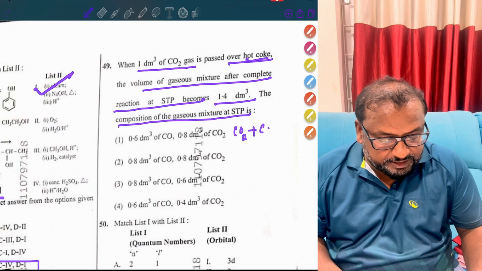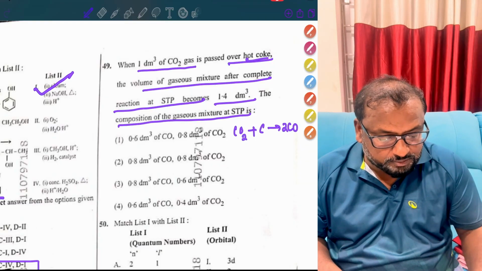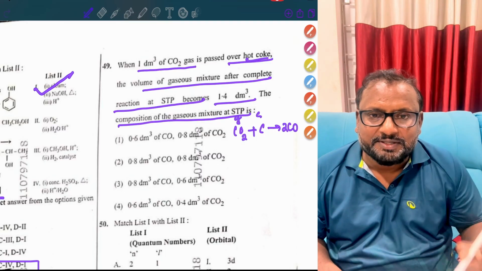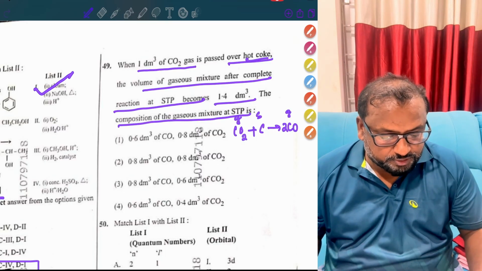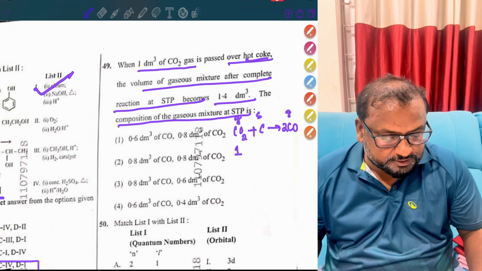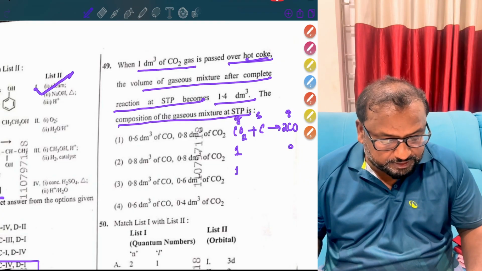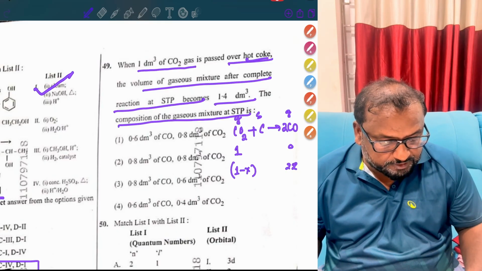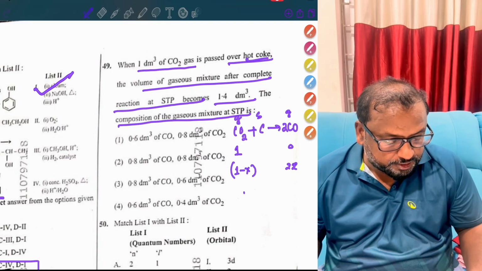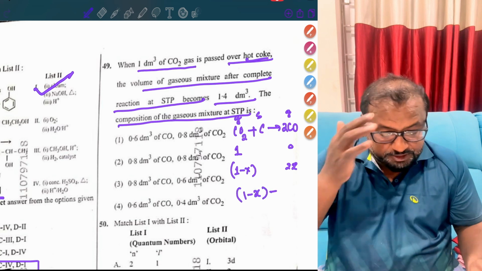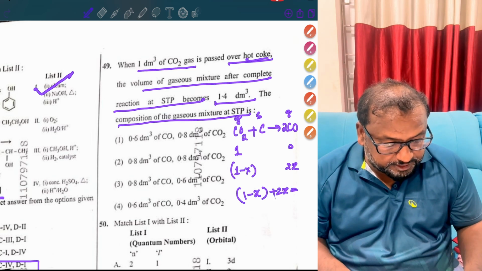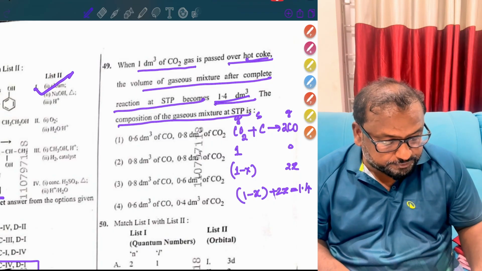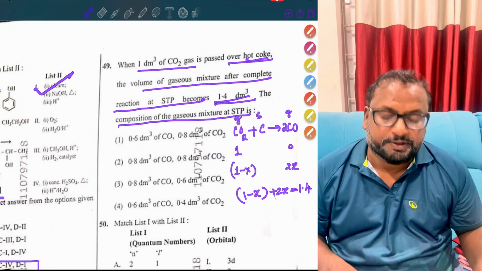So carbon dioxide when passed over hot coke, that is solid carbon, gives you 2 moles of carbon monoxide. This is gas, this is solid, this is gas. Initially I'll take CO2 as 1 and CO as 0. After the reaction it should be 1 minus x and 2x. And he mentioned that 1 minus x plus 2x equals 1.4.